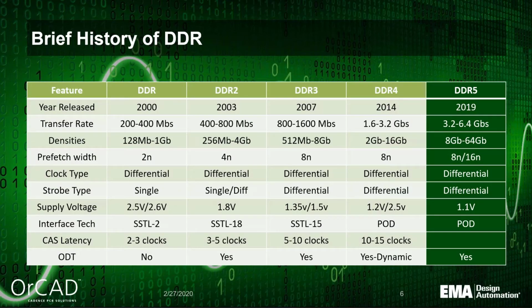Over the years, DDR has evolved. The first family came out in 2000. It had a basic transfer rate of anywhere from 200 to 400 megabits per second. Densities up to 1 gig. It had a 2N prefetch width, and the originals used just a single-ended strobe signal. So the clock was differential, but the strobe itself was single.